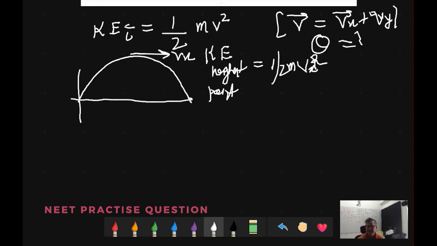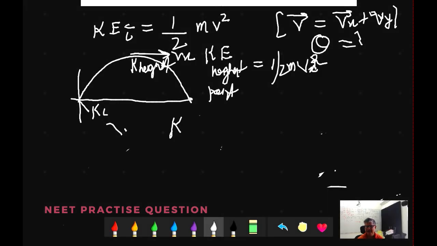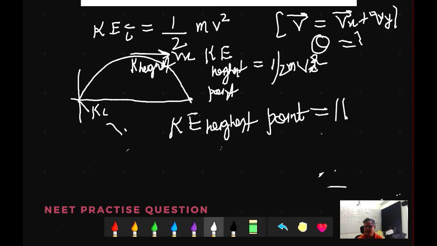So it is given that the kinetic energy at the highest point is equal to half of the initial kinetic energy.